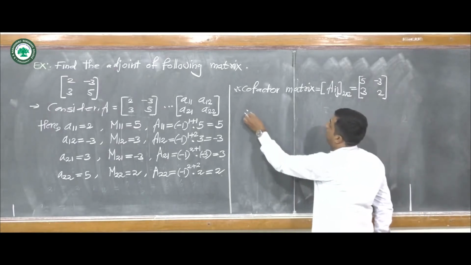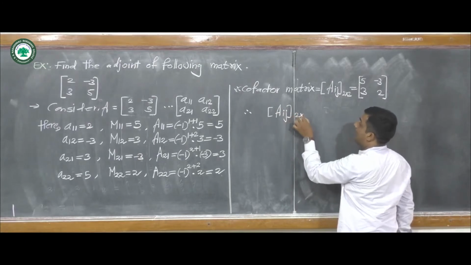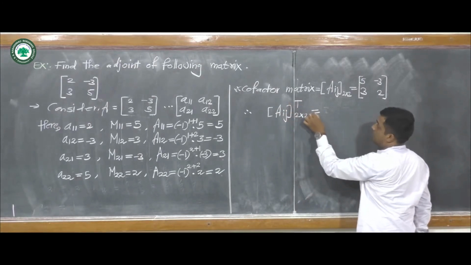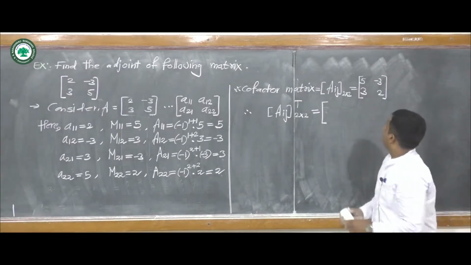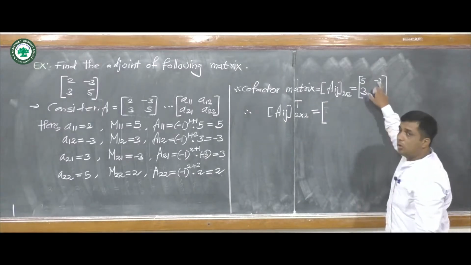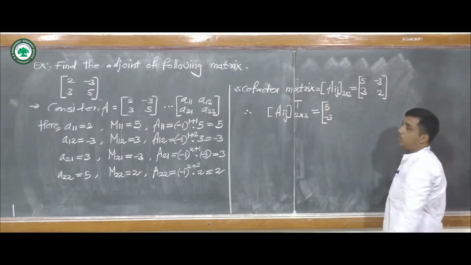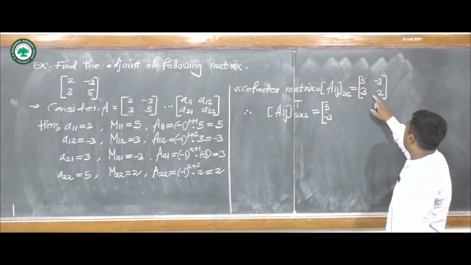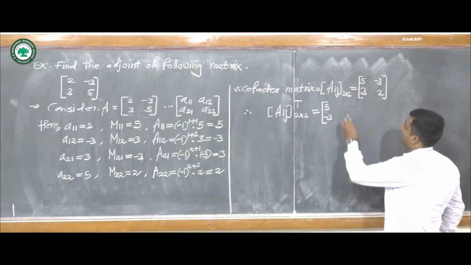Therefore Aij having order 2 by 2 and its transpose is equal to the matrix where we convert the first row to the first column. So 5, -3 is in the first column. Then the second row, 3, 2, becomes the second column.